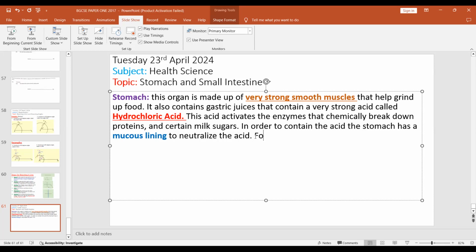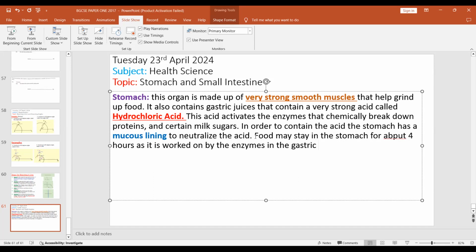Food may stay in the stomach for about 4 hours as it is worked on by the enzymes in the gastric juice and the churning stomach muscles.